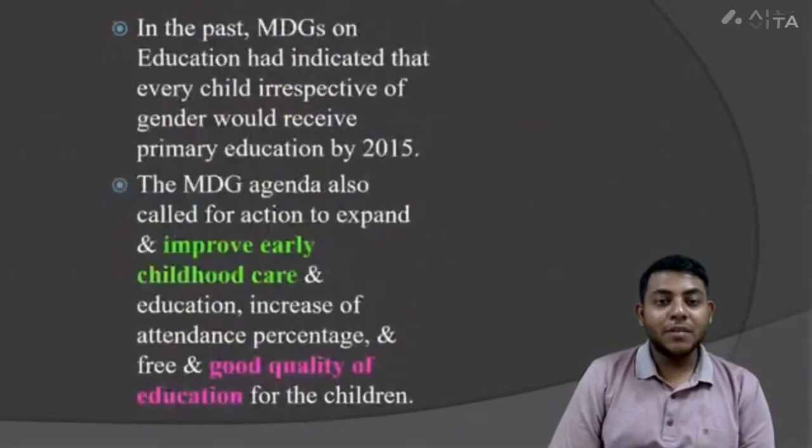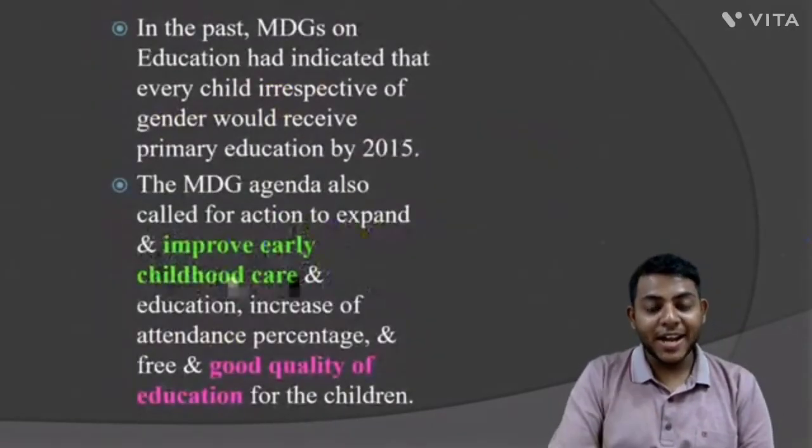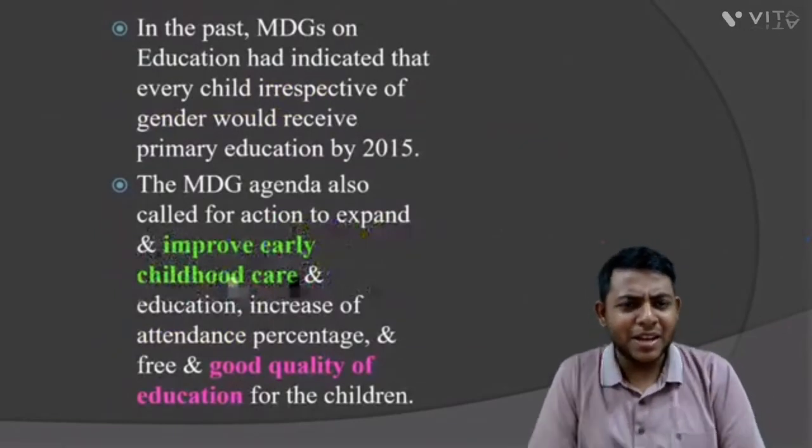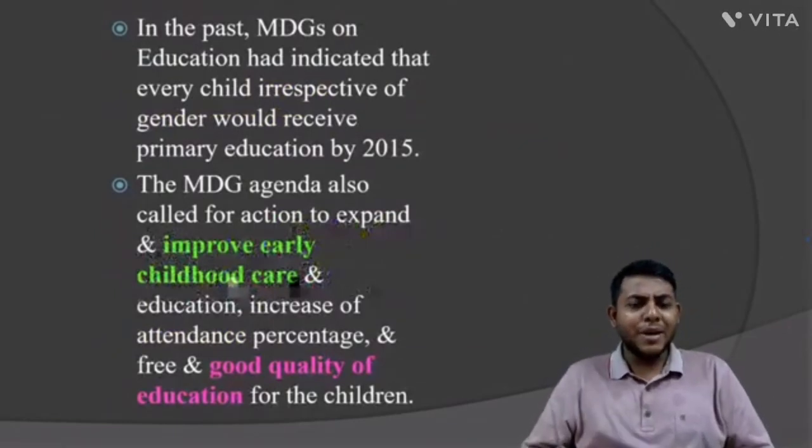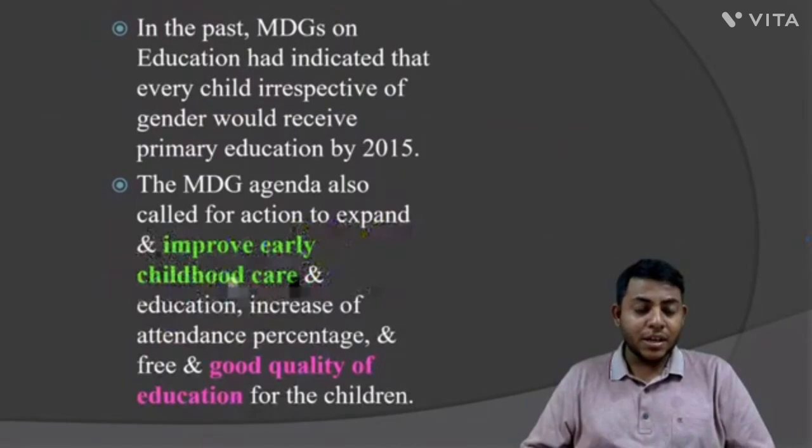In the past, the Millennium Development Goals on education had indicated that every child, irrespective of gender, would receive primary education by 2015.